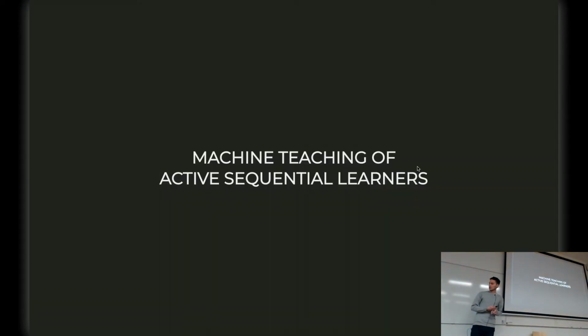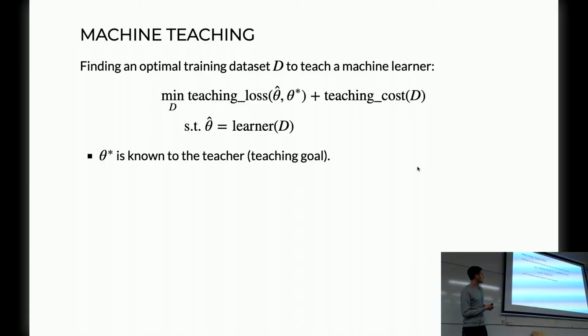So one way to build this kind of multi-agent models is this machine teaching approach that we have looked into. So we will have a teacher agent and a learner agent, basically. And what is machine teaching? Basically, the task there is to find an optimal training data set for a machine learner.